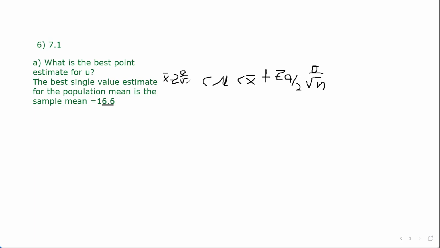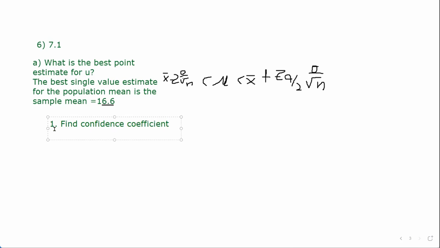So what you can do if you're doing this with a calculator and by hand is find your z-score. If I was going to construct this, I would do the following. Step 1 is find the confidence coefficient.